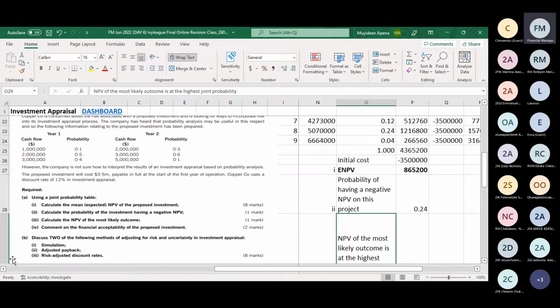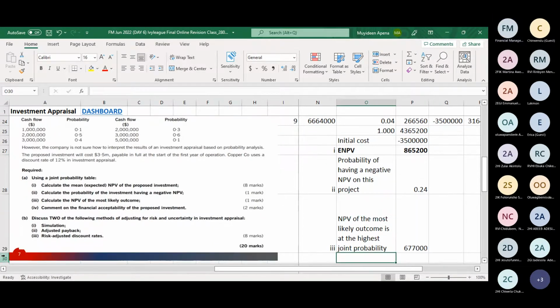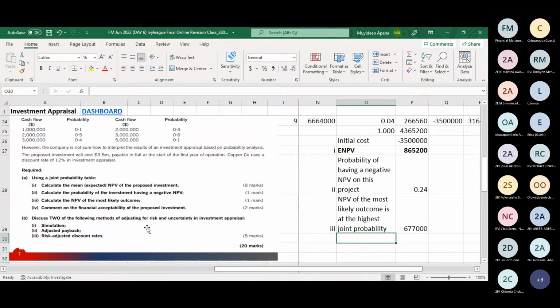The fourth question is, comment on the financial acceptability of the proposed investment. What will be your comment?